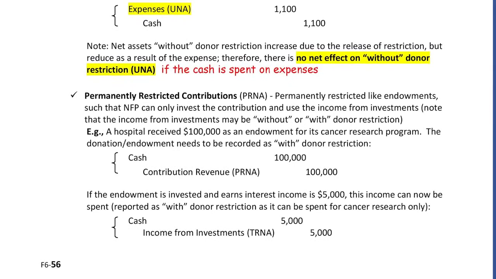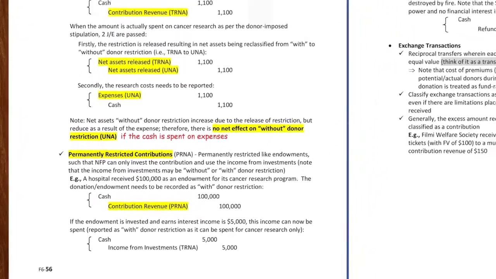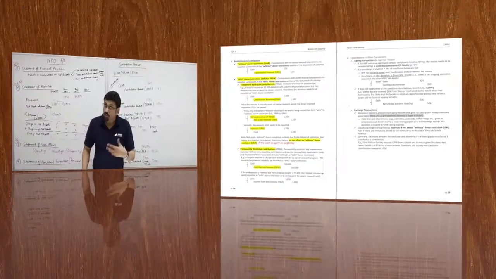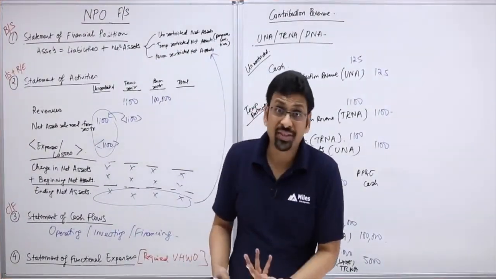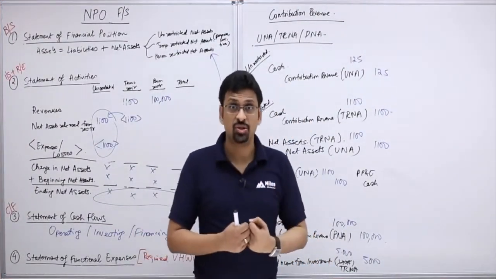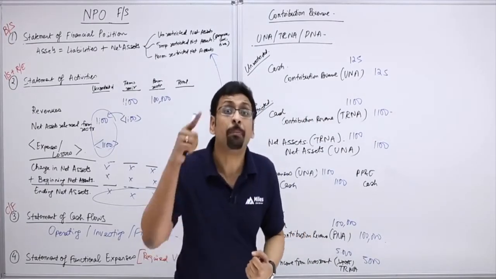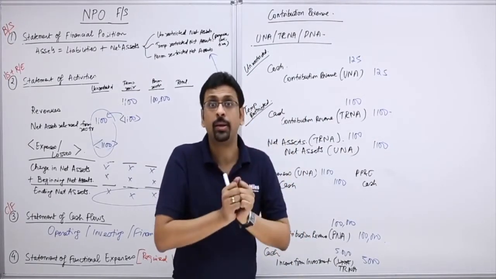Next, we've got, highlight, permanently restricted contributions like endowments. On the journal entry, on the credit side, highlight contribution revenue, PRNA. Now, not-for-profit organizations often receive pledges where people promise to contribute, to donate.